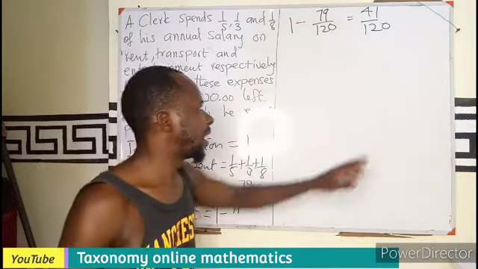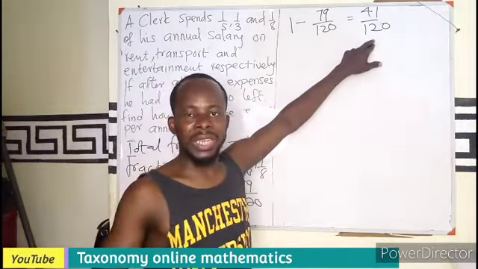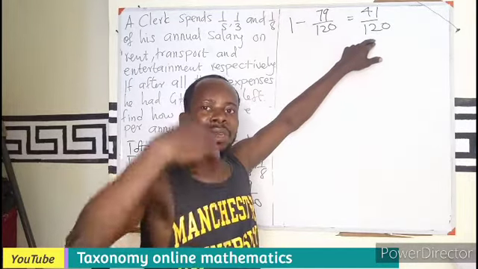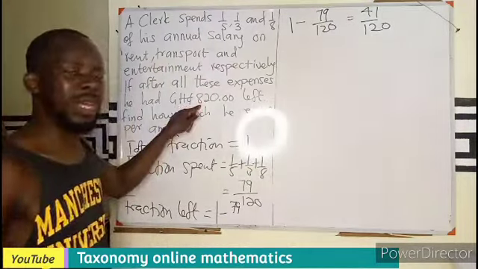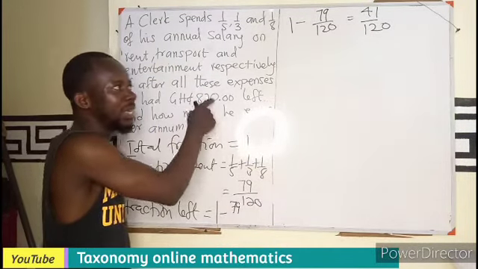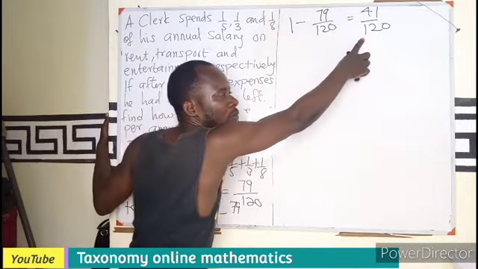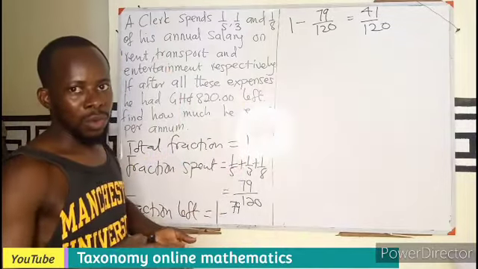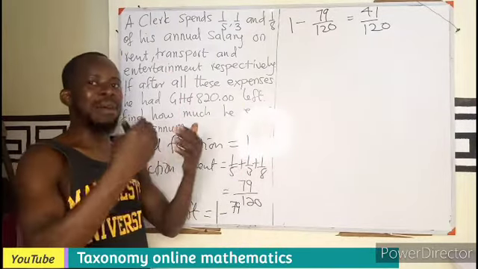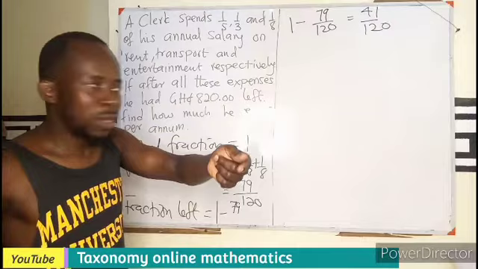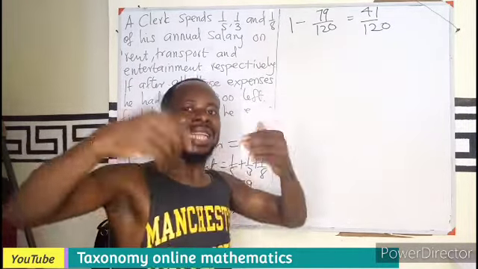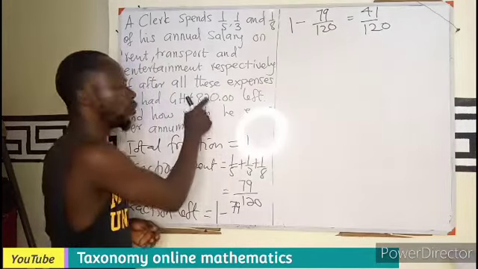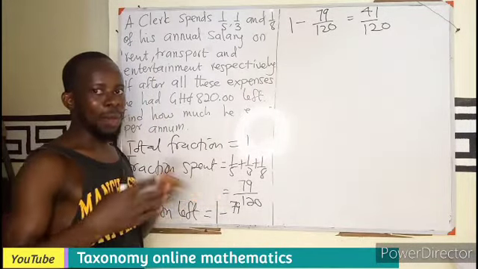So we can see that this is the fraction left, the fraction of the money that is left. And that corresponds to this. This is the amount left. This corresponds to this. So we can take it as a ratio. Or we can still let the amount earned be y. So 41 over 120 of that amount is what produces this. We can take that approach also.